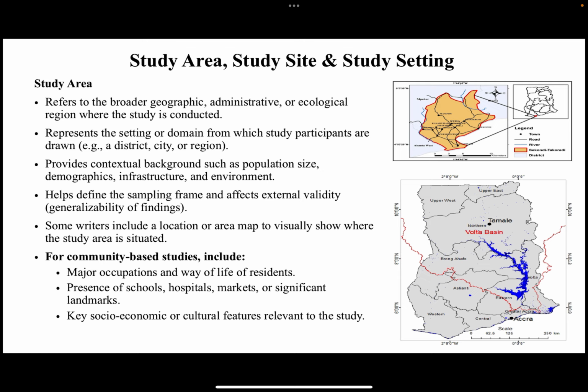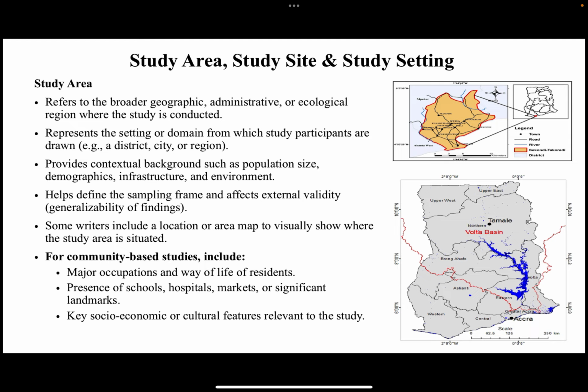Now, when we say study area, let's begin with study area. When we say study area, it actually refers to the broader geographic, administrative, or ecological region where the study is conducted.